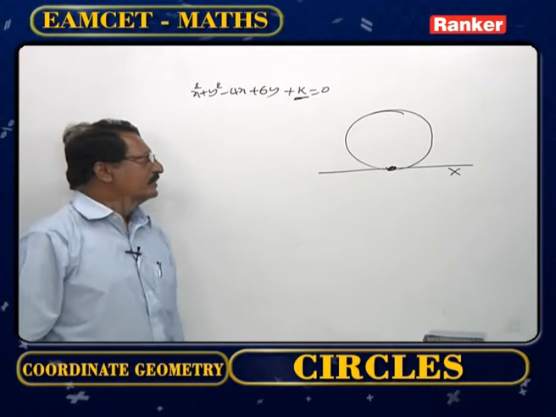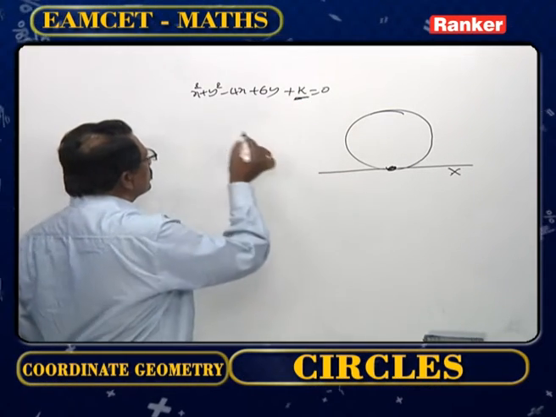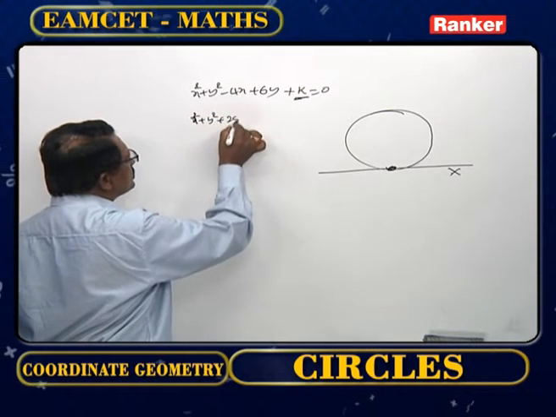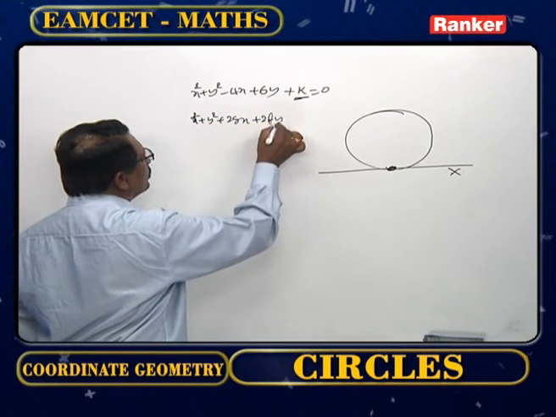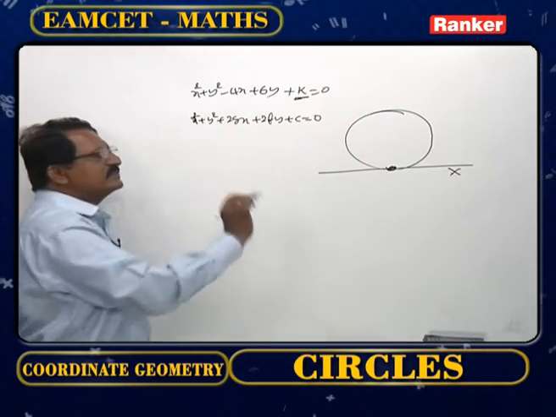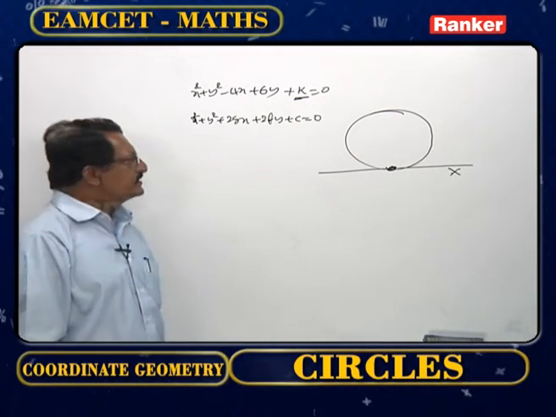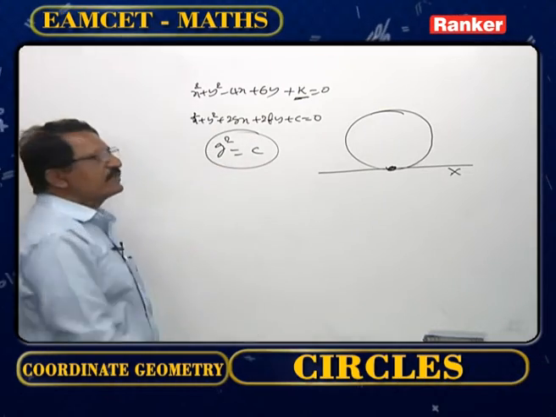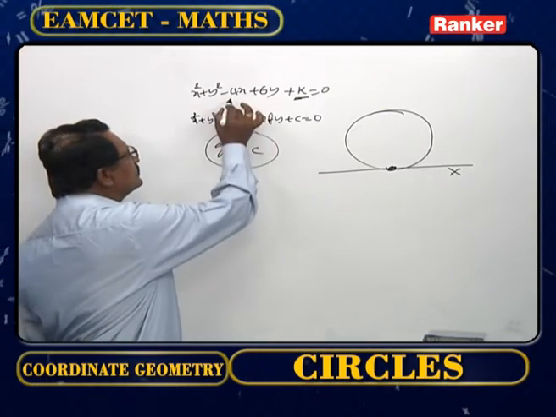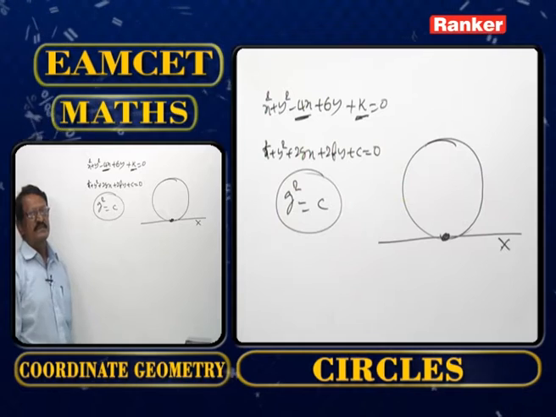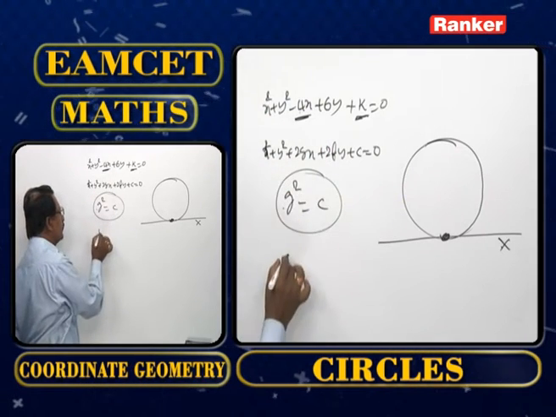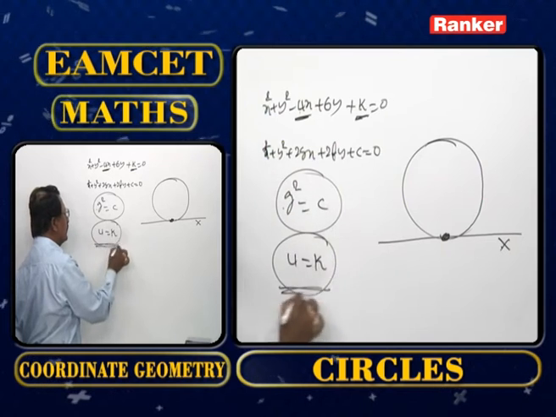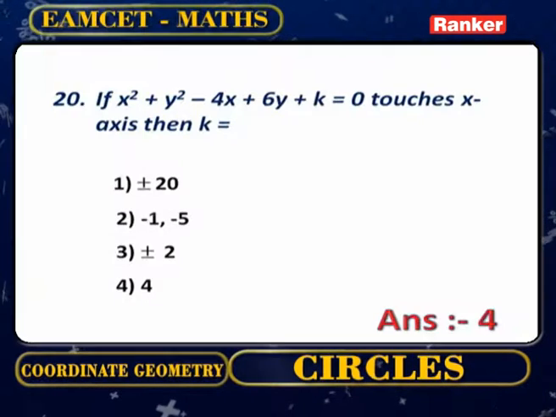For the general circle x square plus y square plus 2gx plus 2fy plus c equals 0 touching the x axis, the condition is g square equals c. Here g is half of the coefficient of x, so g square equals 4, and c is k. Now k equals 4. The answer is 4, the fourth option.